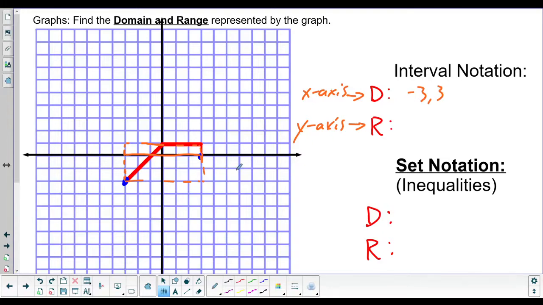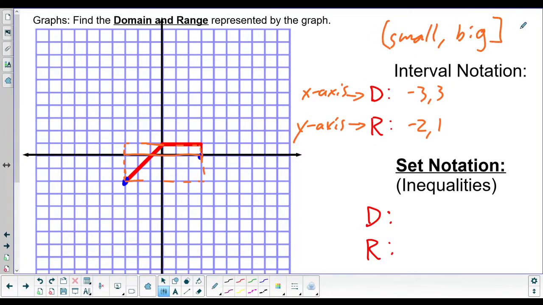For our range, we go down negative 1, negative 2, and then up 1. You always want to go from smallest number to biggest. Okay, it should always be in this format, right?